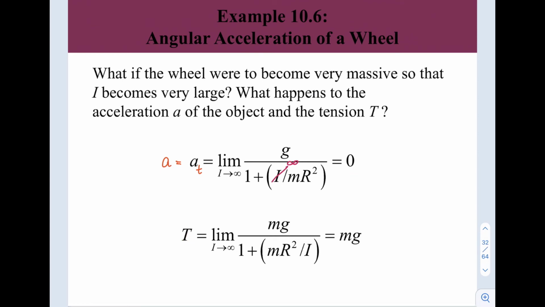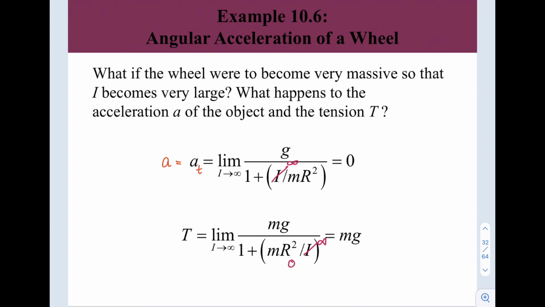And how about the T? Again, we are going to take the equation for T and take the limit of it: the limit of mg over 1 plus mr squared over I. When I is approaching infinity, what will happen to this equation?